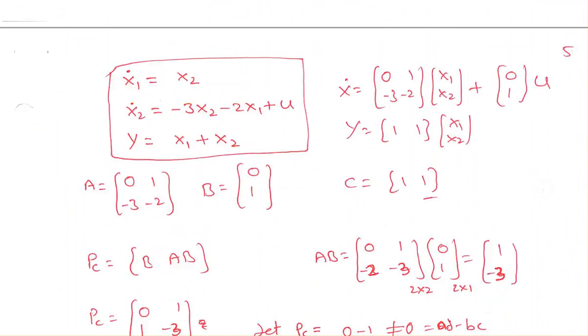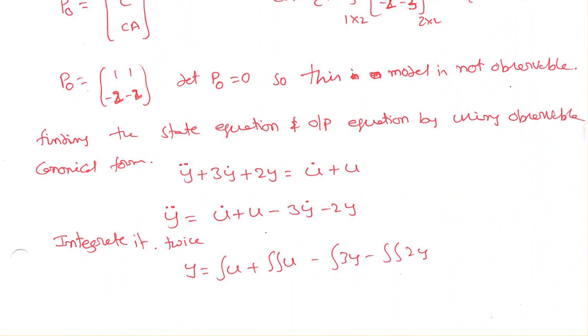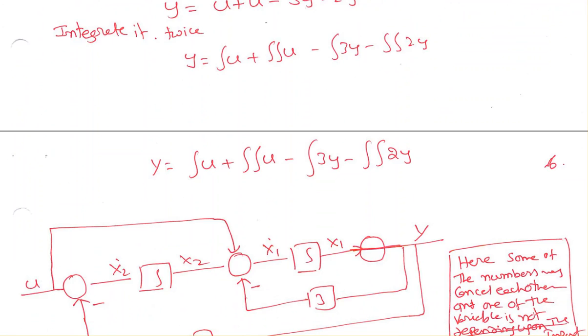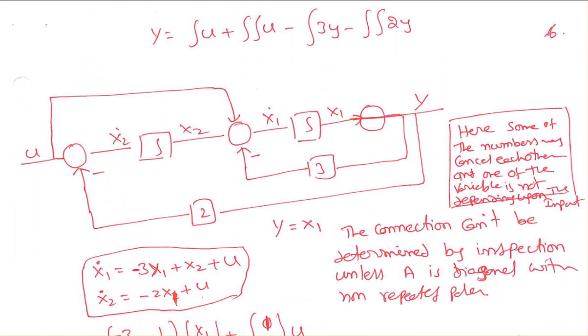Now I'm solving this by using the observable canonical form, to find the state equation and output equation. Integrate it twice, and you end up with this simulation diagram. Please watch my observable canonical form videos if you have questions about how to solve this.